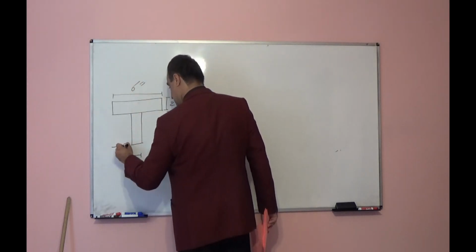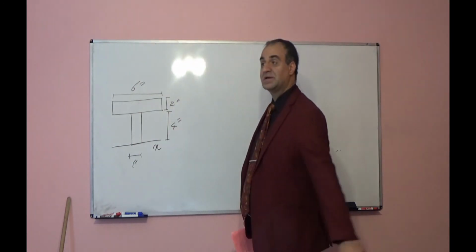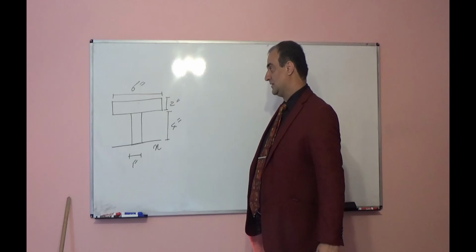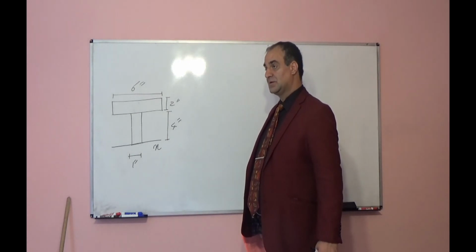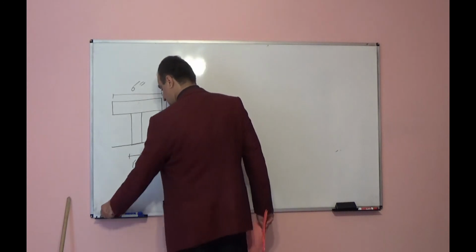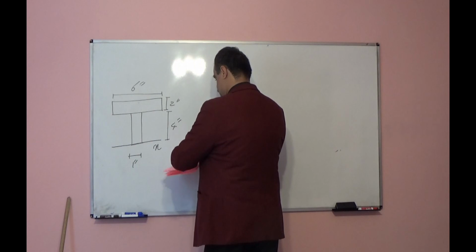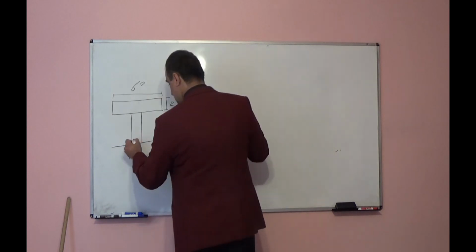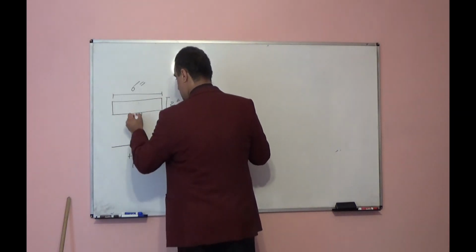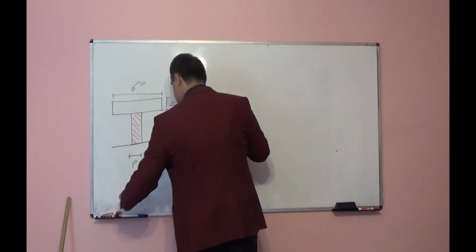I want to find the moment of inertia with respect to x. First step, I will divide this shape into two rectangles, rectangle number 1, for example, and rectangle number 2.